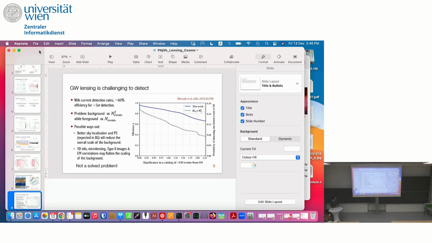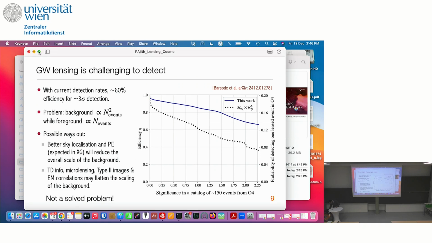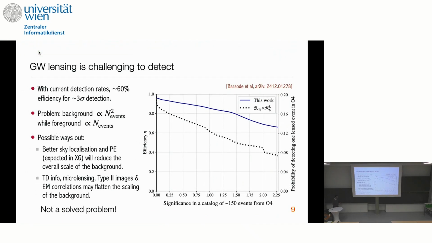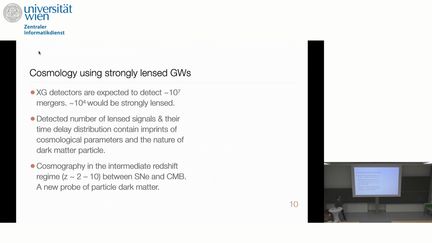Assuming that it is solved, at some point in the next 15 years or so, one could ask, can we use the sample of a large number of lensed events that we will detect to do cosmology?